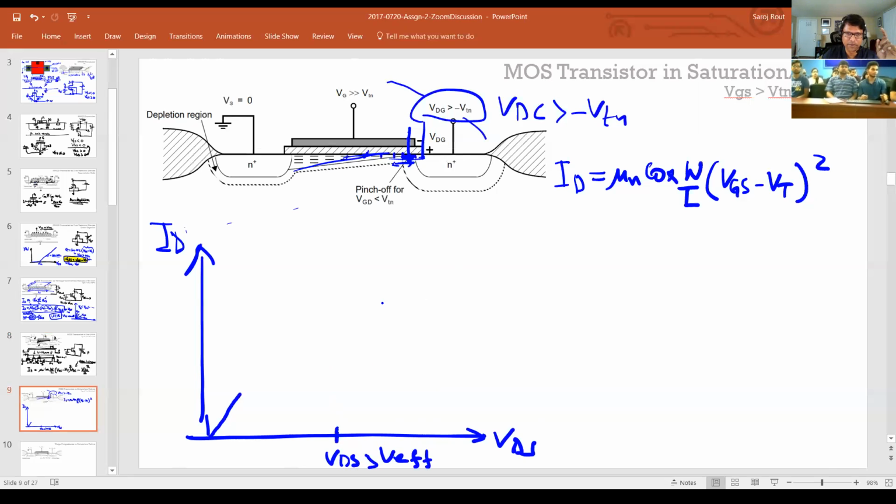The reason for that is that the channel at that VDS becomes 0. Then from here onwards, ID is constant, and from here to here, it's a nonlinear equation, right?